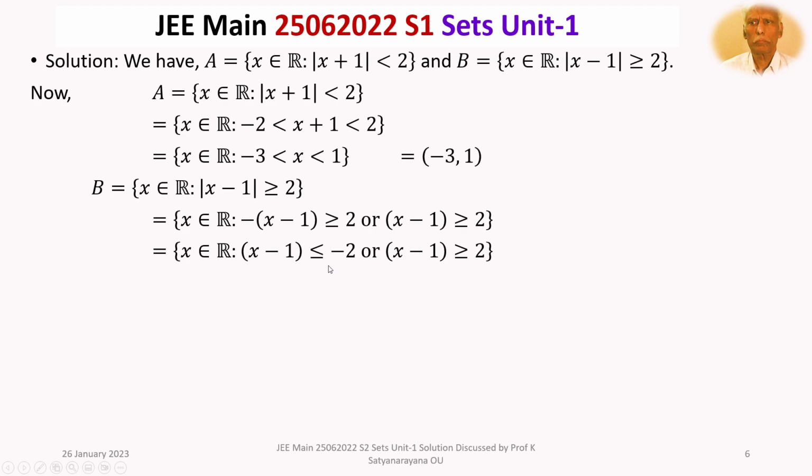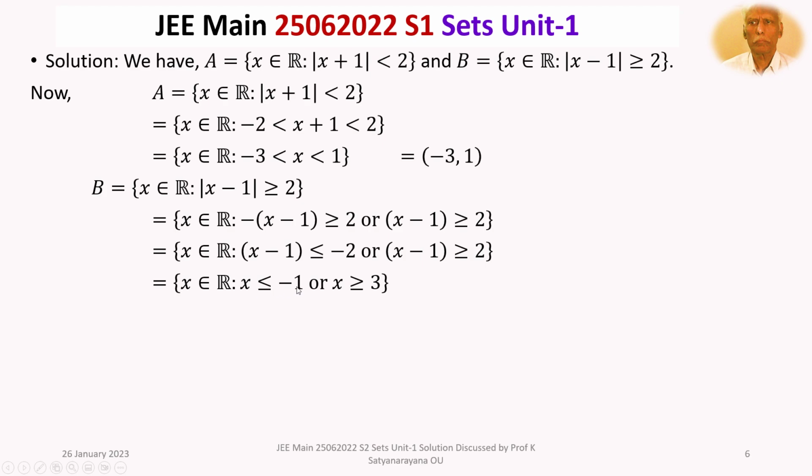Now we add plus 1 throughout. Then x is less than or equal to minus 1, and x minus 1 greater than or equal to 2 gives x greater than or equal to 3. So x is less than or equal to minus 1 or x is greater than or equal to 3.